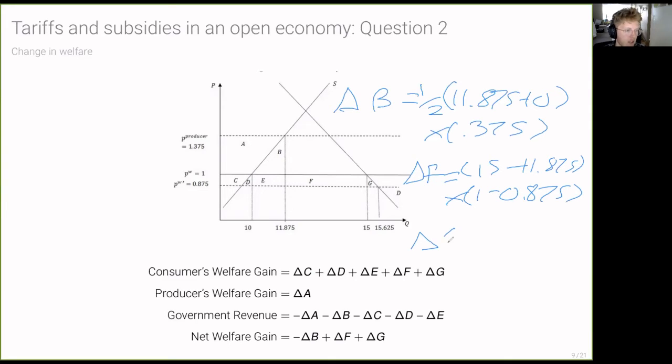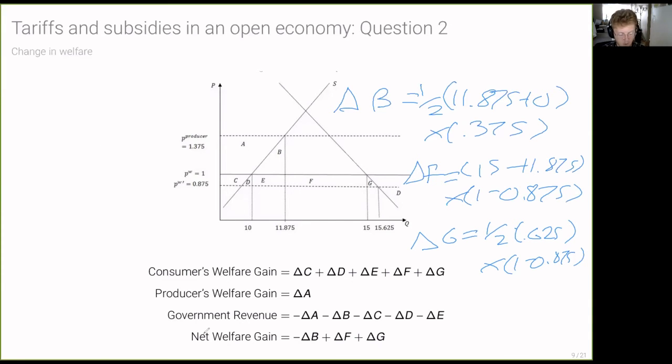And then finally, G is going to be another triangle, so we take half times the base, which is 0.65 times the height, which again is going to be 1 minus 7/8, like we had before.